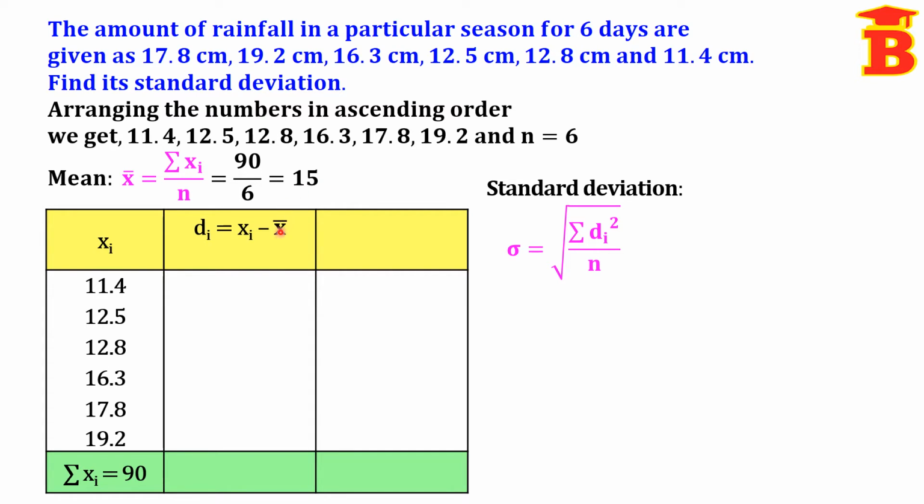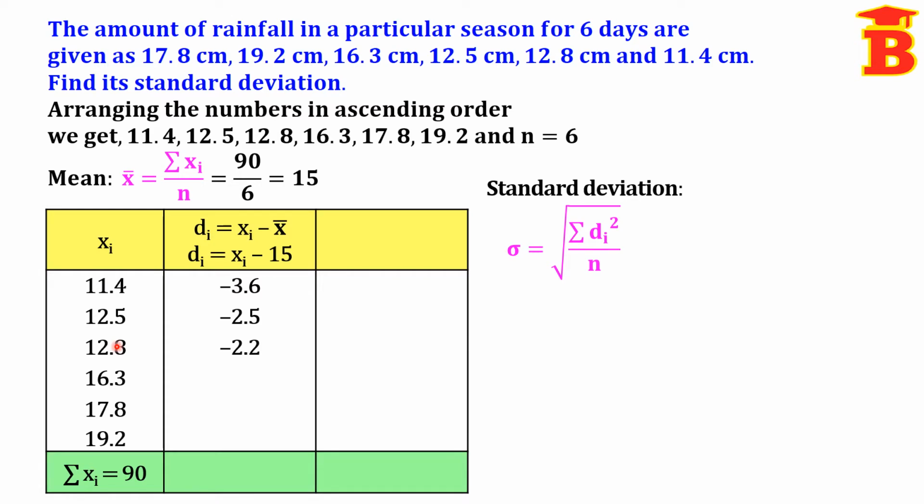This x bar value substitute here, di equal to xi minus 15. Now 11.4 minus 15, that is minus 3.6. Next 12.5 minus 15, that is minus 2.5.